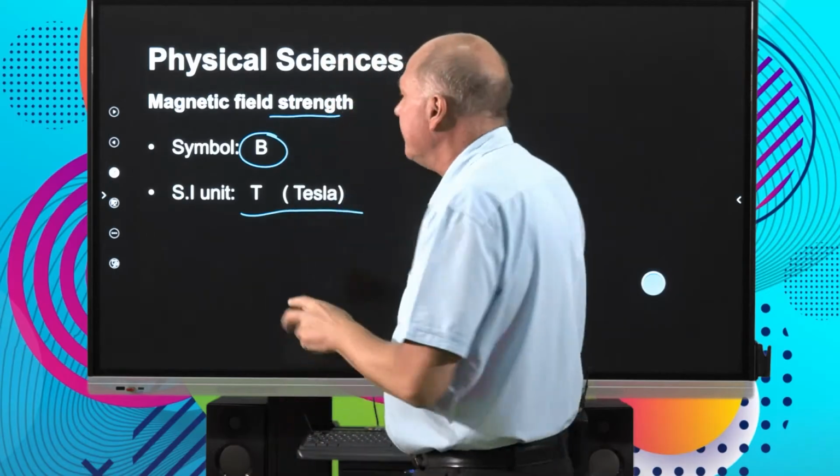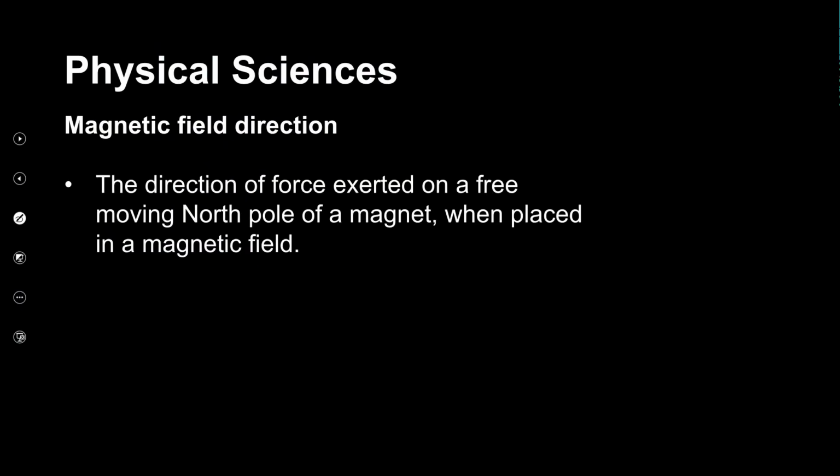So remember, where we have lots of field lines, lots of strong attraction to the magnetic field, that's magnetic field strength, given the symbol B. Now, the direction is the direction that a force is exerted on a free-moving North Pole. And we say that's really the compass needle.